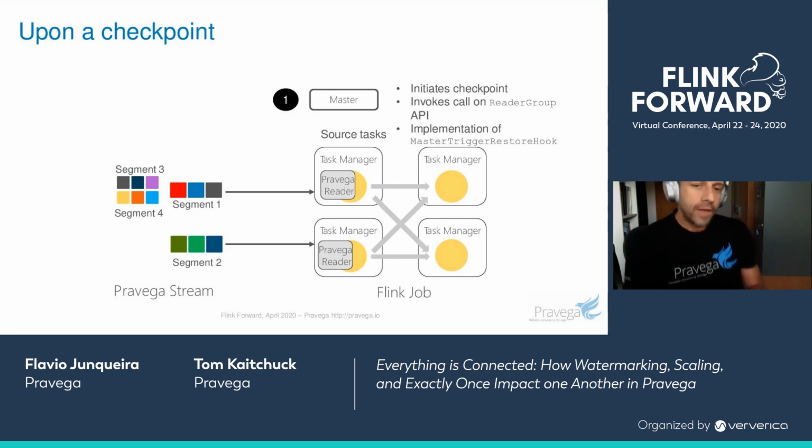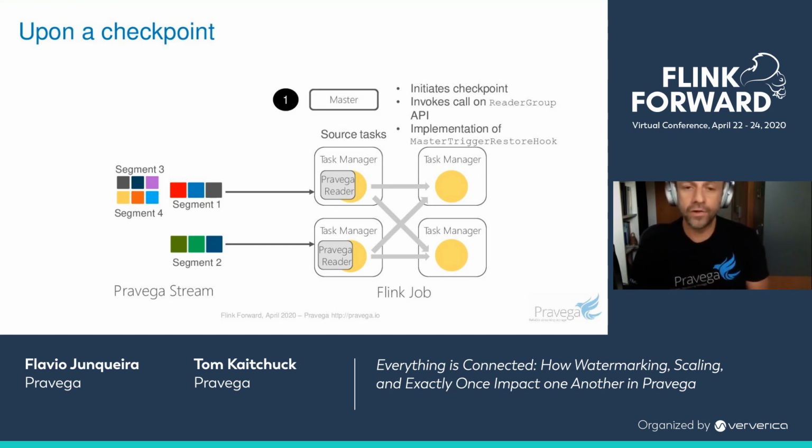But I'll talk a bit more about the operation of the connector. So that is one aspect, how to get the timestamps and emit the watermarks. Now let me talk a bit about the checkpoints, which is something that Tom has covered. When Flink needs to start a checkpoint, it will initiate a checkpoint in Pravega.